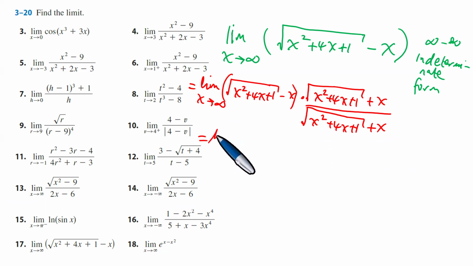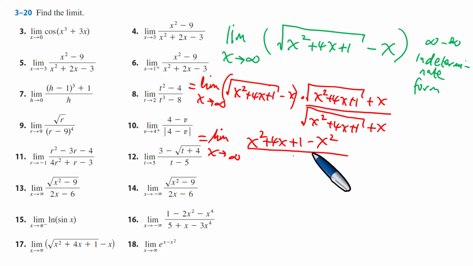So that in the end, we multiply this with that, which is x squared plus 4x plus 1 minus x squared divided by the square root of x squared plus 4x plus 1 plus x.